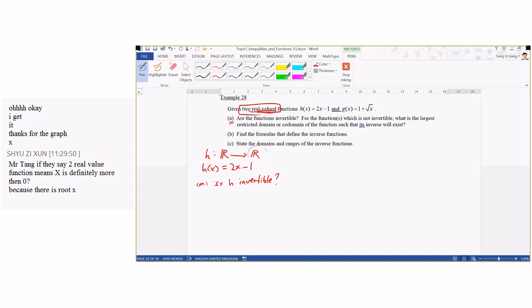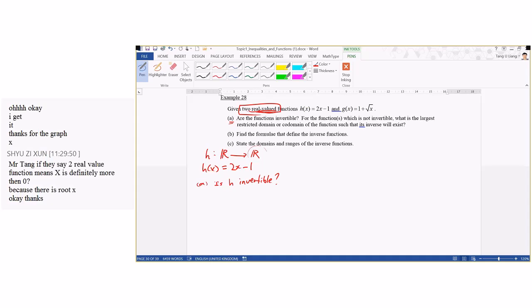Okay, now we do A, so is h invertible? So we have to check whether it's onto or not. So for onto, you just check the codomain of h. No, the domain is R. We're talking about h now.